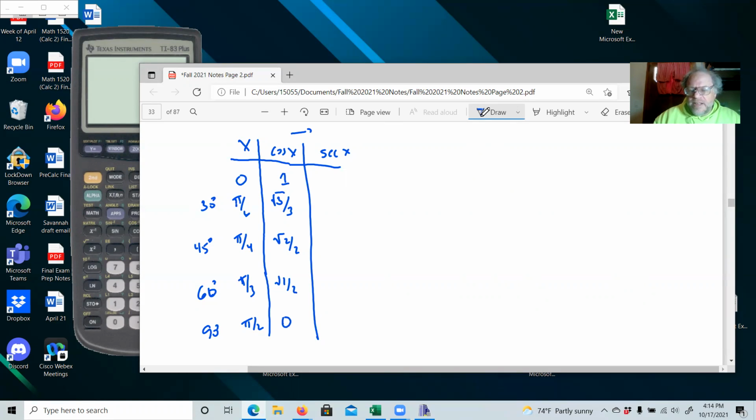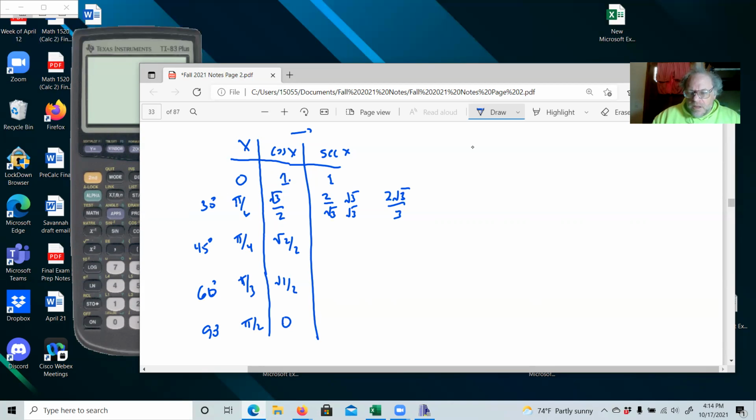Secant is 1 over this. This is square root of 2/2, and I don't know why I wrote a 3; it's square root of 3/2. The reciprocal of 1 is 1. This is going to be 2/√3, but remember, you don't want to leave it like that, so this is 2√3/3.